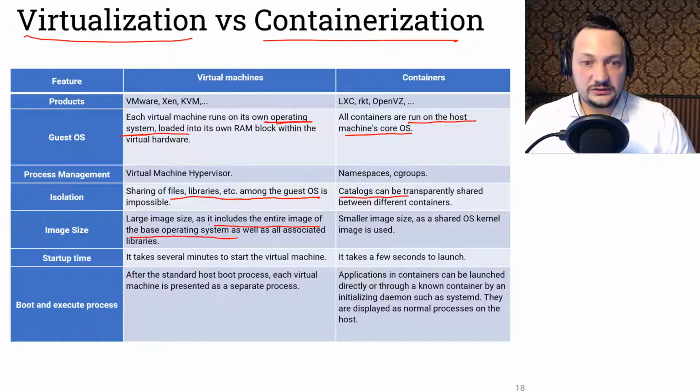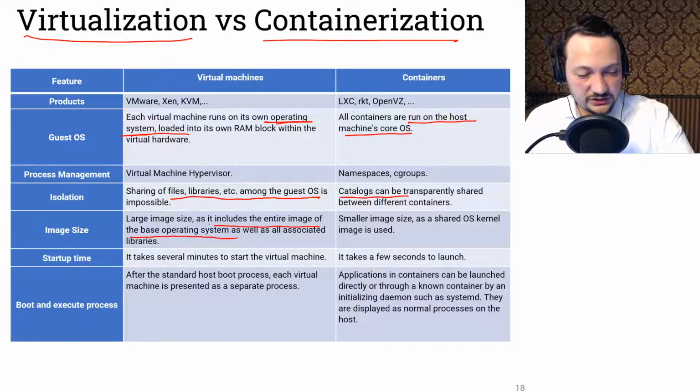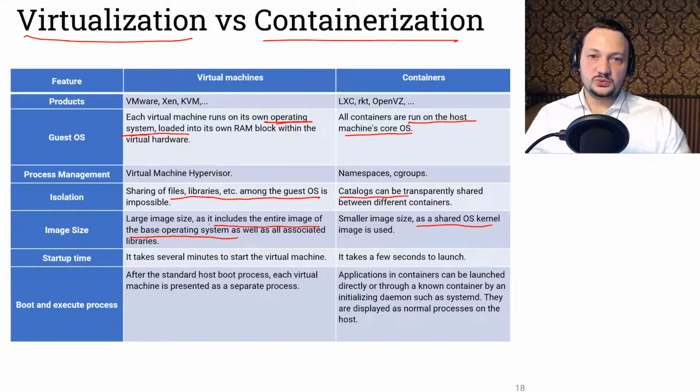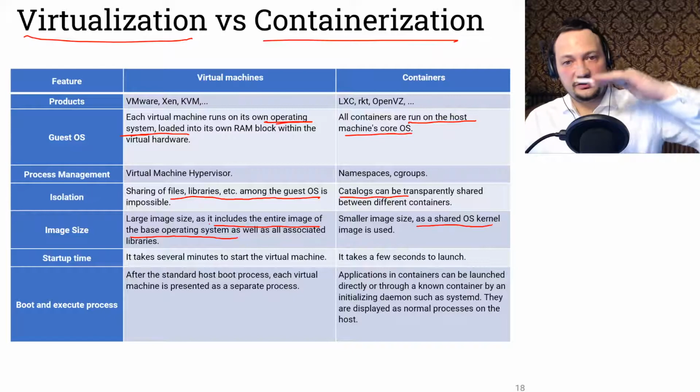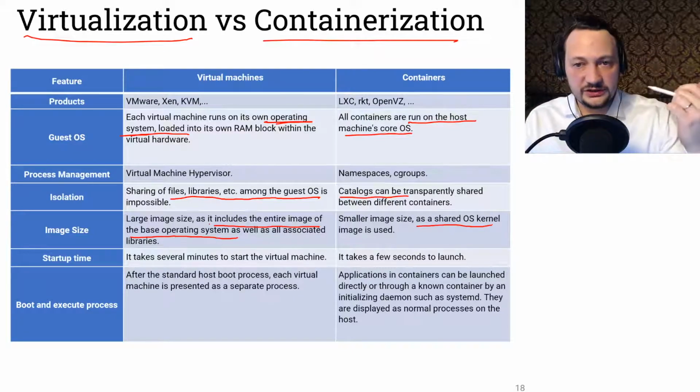In containers, you do not store the image of the core operating system. It uses a shared OS kernel image, and that is why it is much smaller. It only stores images and data about the applications that are on top of the basic operating system.